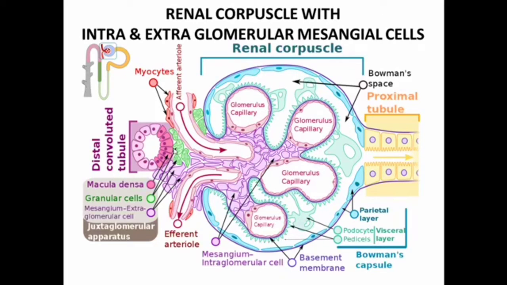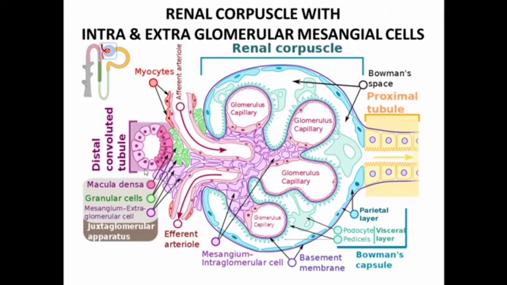Aldosterone in turn conserves the sodium and, in turn, the water from the distal convoluted tubule, and so again increases the blood pressure. And angiotensin 2 also has some direct effect on the renal tubules. So this is a very important and key picture to understand all these things.